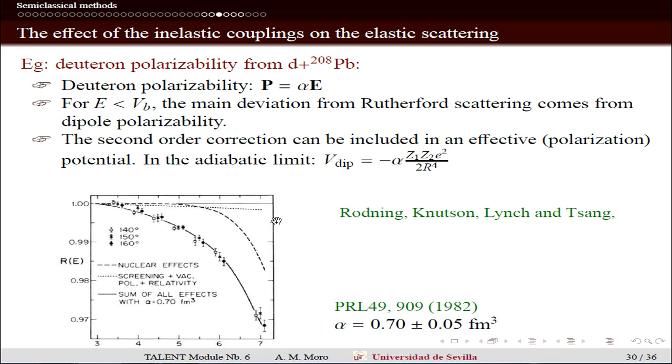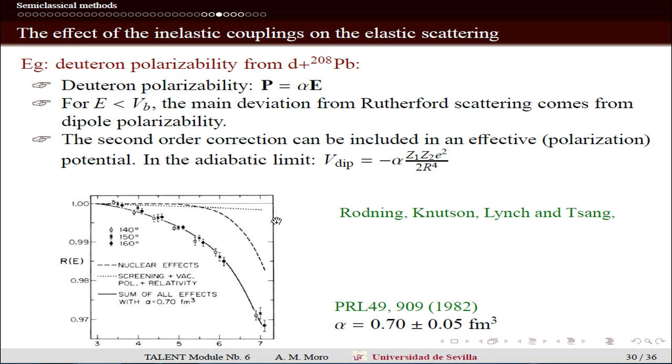But if we make the measurement with sufficient accuracy, we observe some departure from this Rutherford scattering. So this essentially measures, at large scattering angles, the ratio between the observed cross section and the Rutherford scattering, and that is why the ratio becomes smaller than 1. This deviation from 1 has to do with several effects. The main effect producing this reduction comes from what is called the deuteron polarizability.